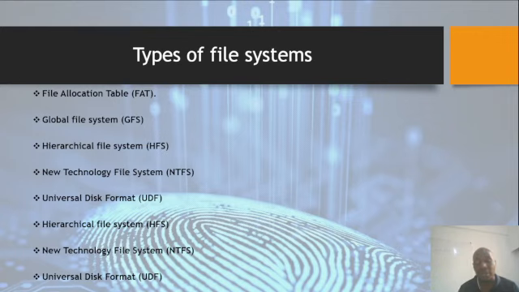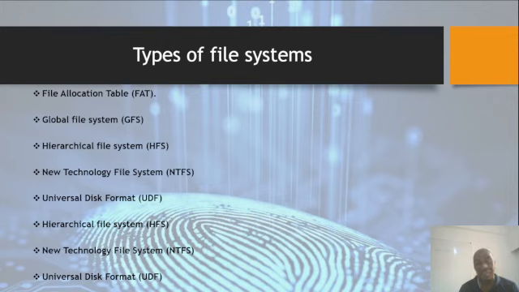When we talk about FAT in particular, it was a file system that was brought in or supported by the Windows operating system. Microsoft Windows supports the file allocation table, and FAT is based on a legacy system thought to be straightforward and dependable.